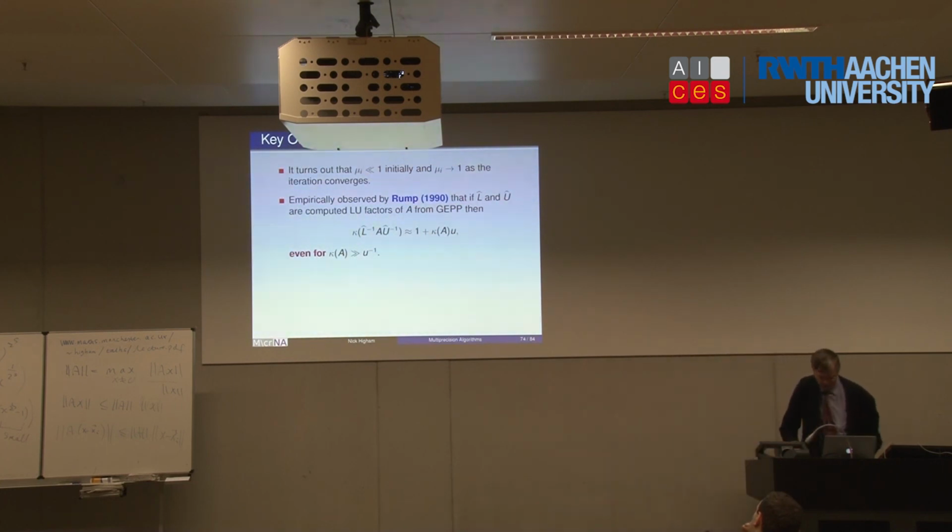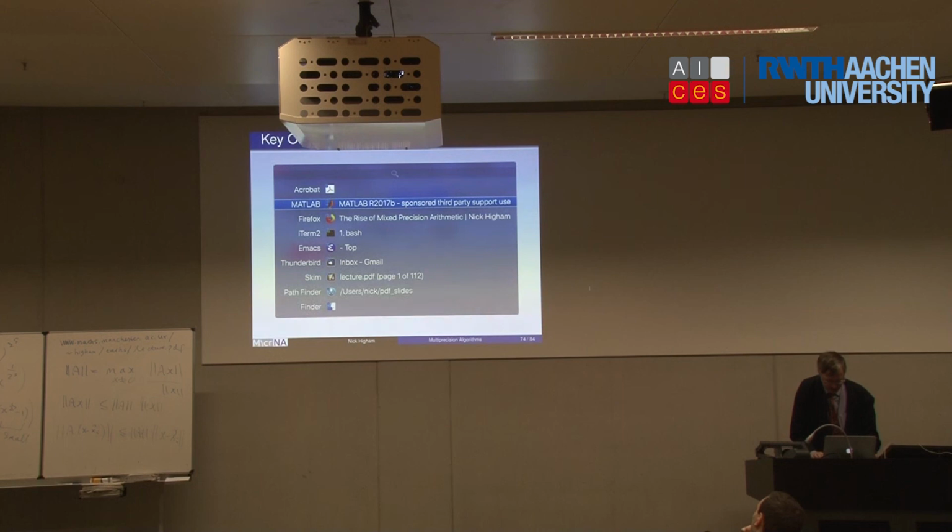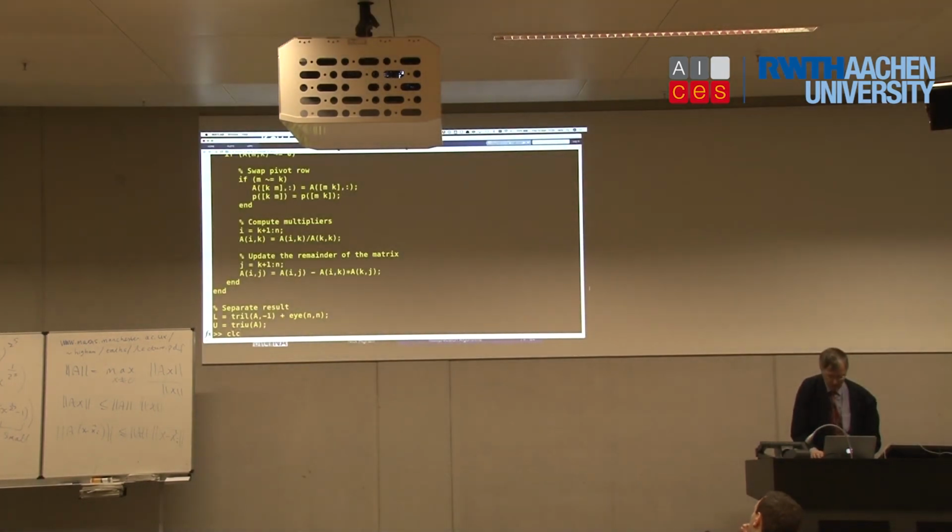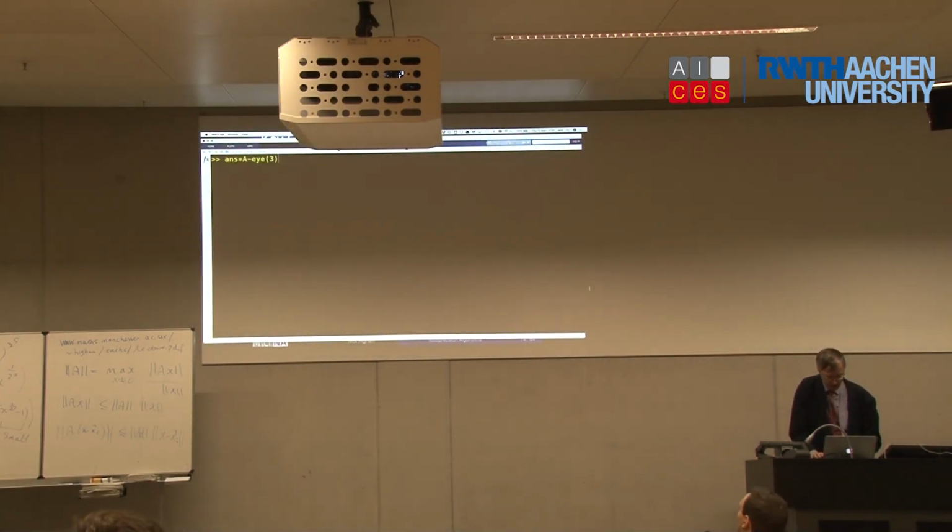Let me just demonstrate that in MATLAB, because that is quite a surprising claim. I'll just type it again. So a good way of getting ill-conditioned matrices in MATLAB is by gallery randsvd.